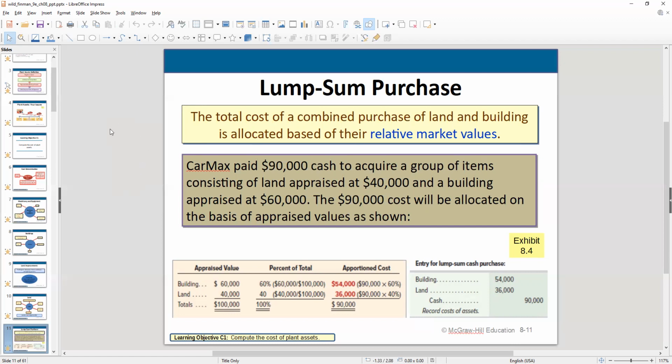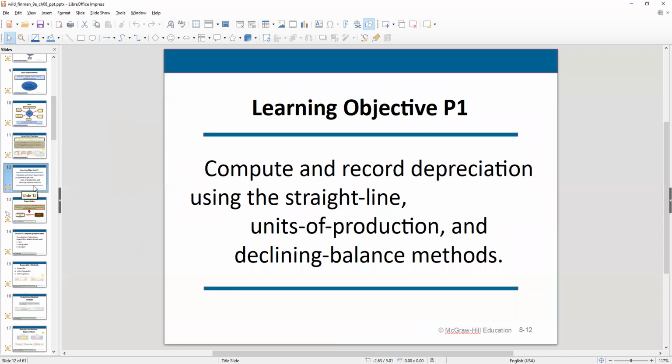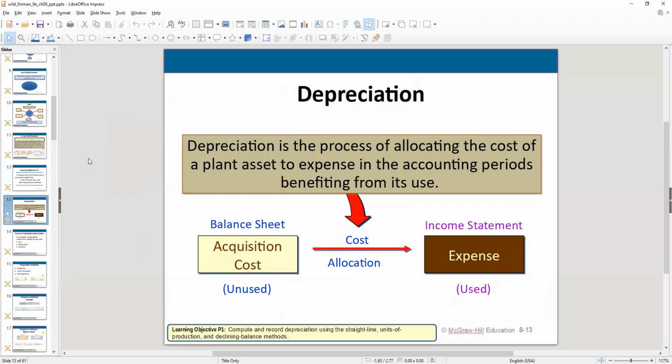And you can see here how it's recorded as an asset. Now there are different forms of depreciation. Again, the best way to think about depreciation is that we've got to spread the cost of this item over its useful life, because we have to match our expenses with the revenue it produces.